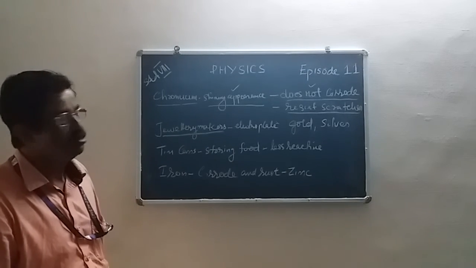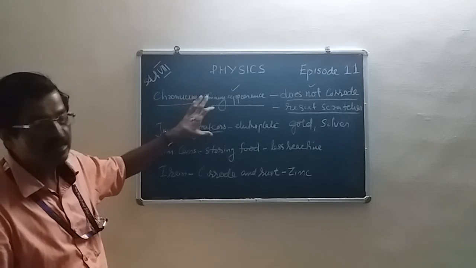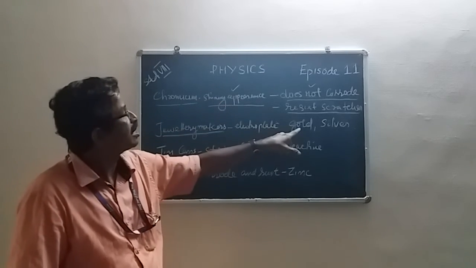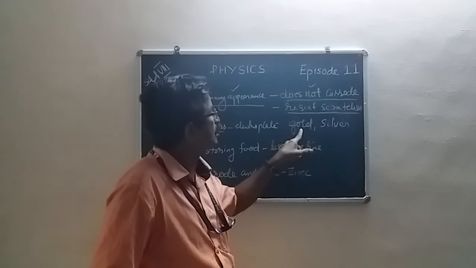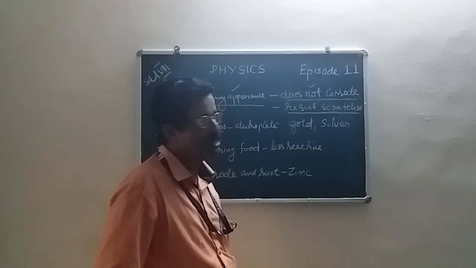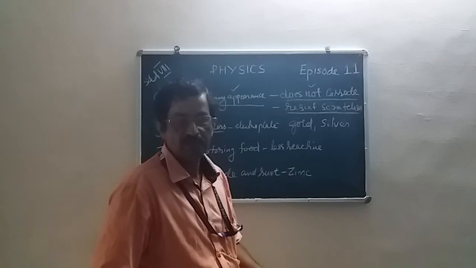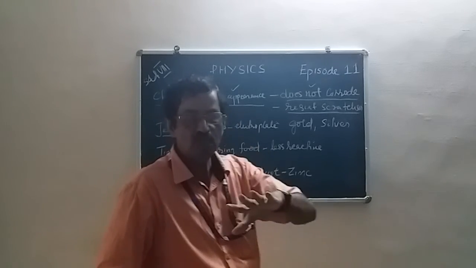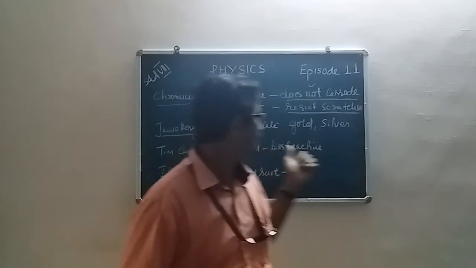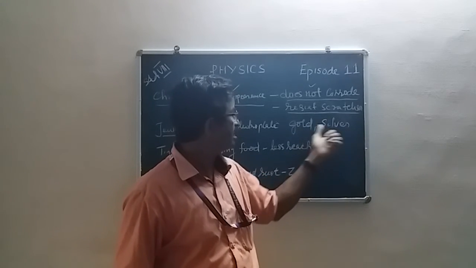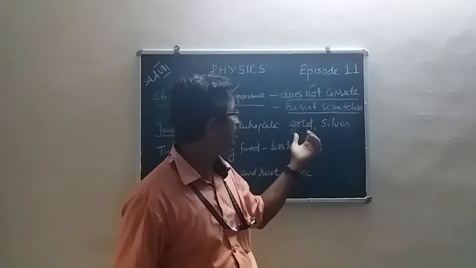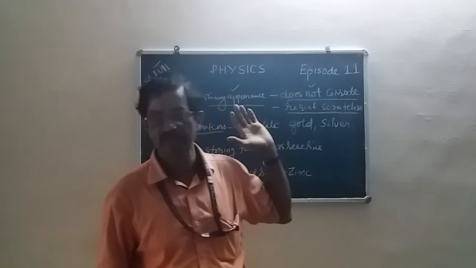What they actually do is electroplate with gold. We know electroplated gold ornaments, and also silver electroplated ornaments. The ornaments on which these metals are coated are very cheap, but we get the shining of gold or silver this way.